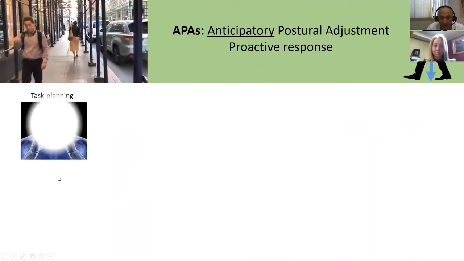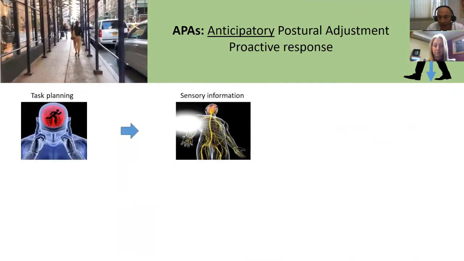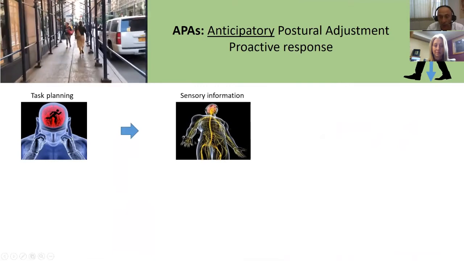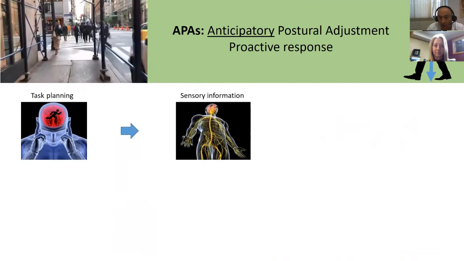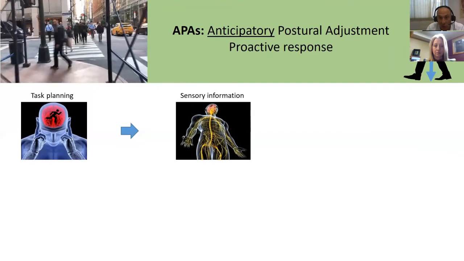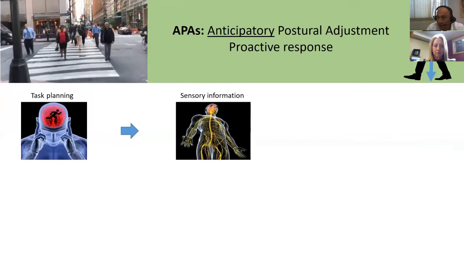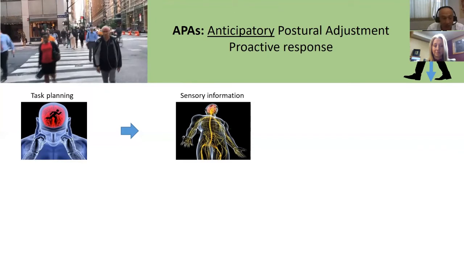So if we take sensory information as our initial, if we're doing an anticipatory postural adjustment, we're getting this constant sensory information that is allowing us to constantly replan or change our planning. At first we have the functional task, so we have the task planning.